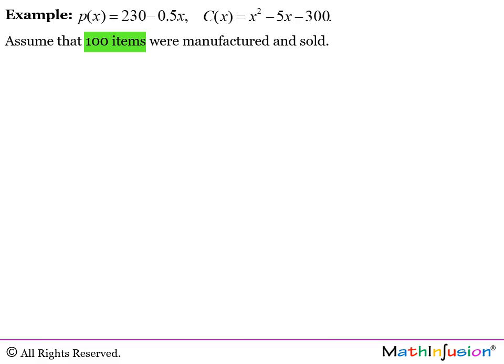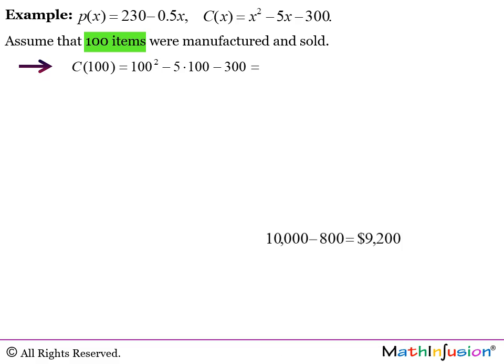Assume that 100 items were manufactured and sold. The total cost is, take the cost function and substitute 100 for the x. We calculate that, and we get that the total cost to produce 100 items is $9,200.